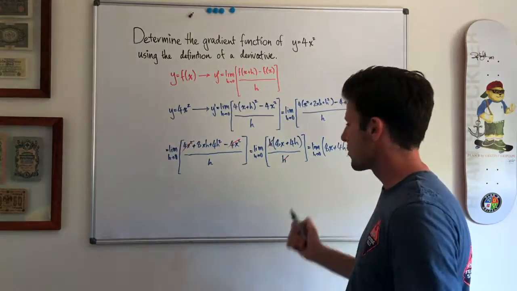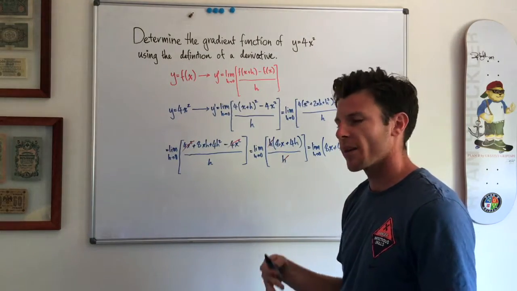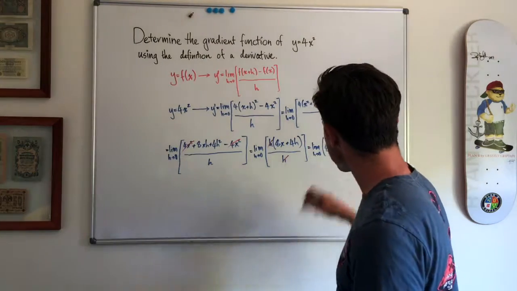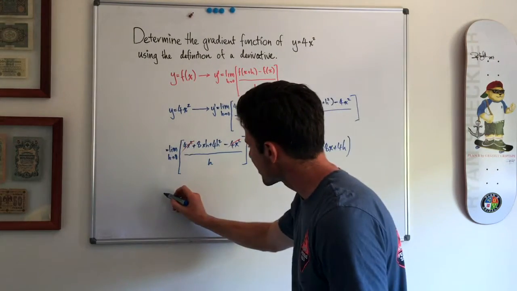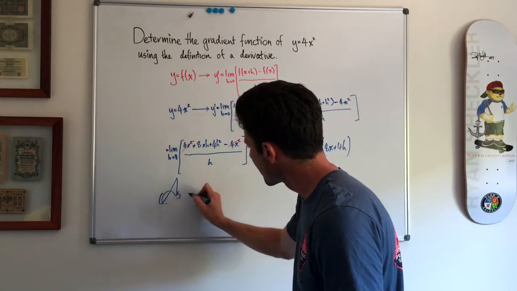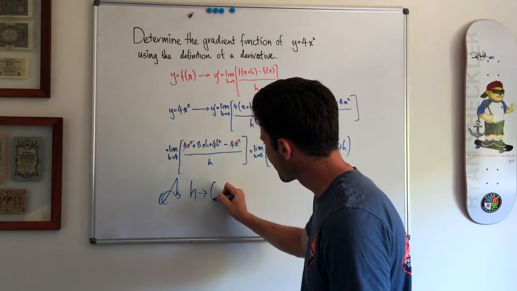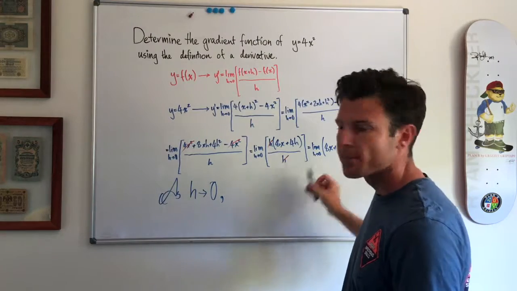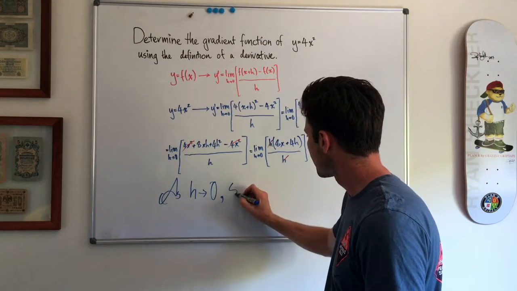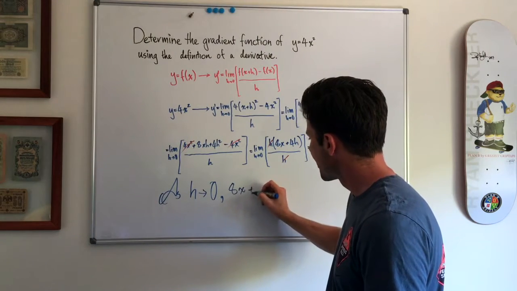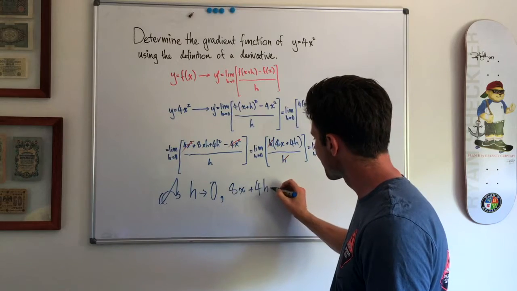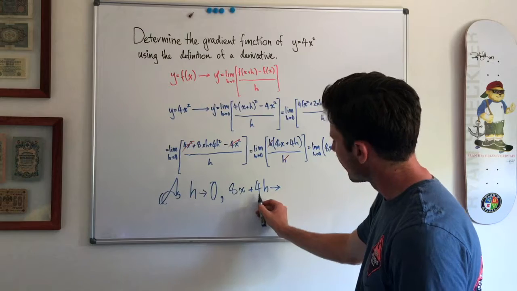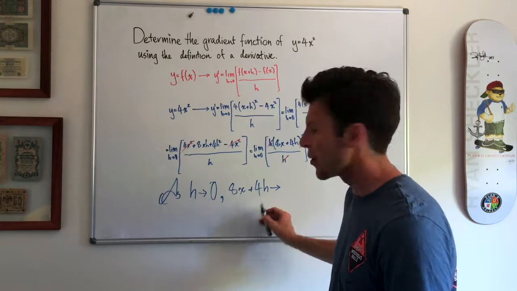So write the limit, because after this step, we then have to evaluate the limit. And the way that I like to evaluate the limit is just write a sentence or a limit statement. So my statement for this, I'm going to write as: h approaches 0. So that's evaluating the limit. 8x plus 4h approaches... now, if h approaches 0, 4h is also going to approach 0.